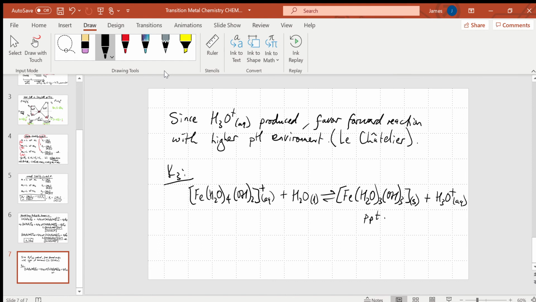Again, these are all entropy-driven processes.